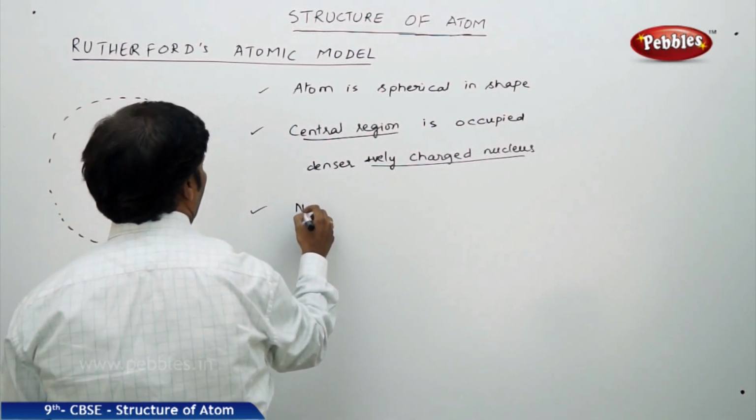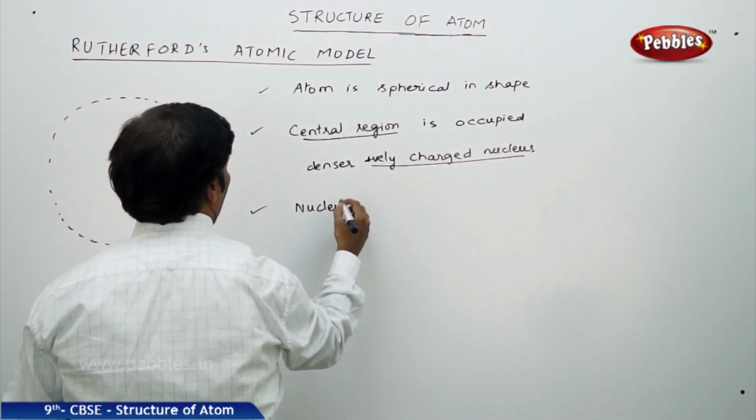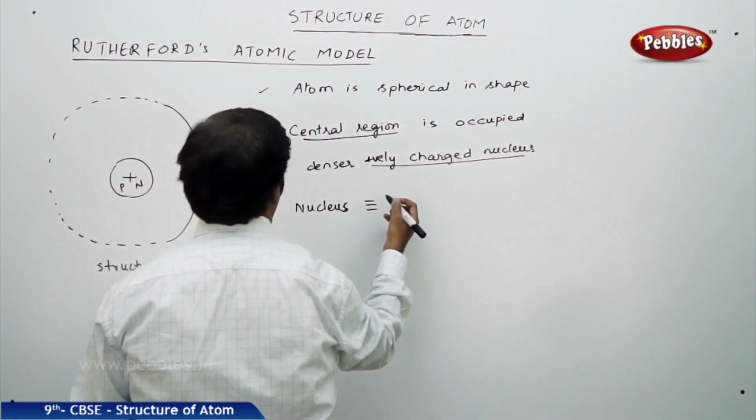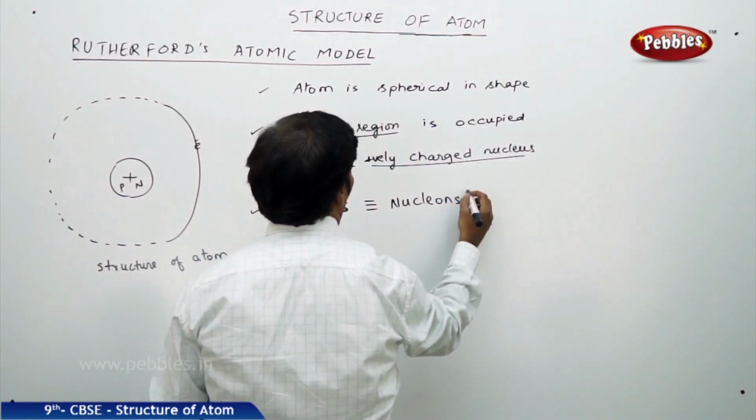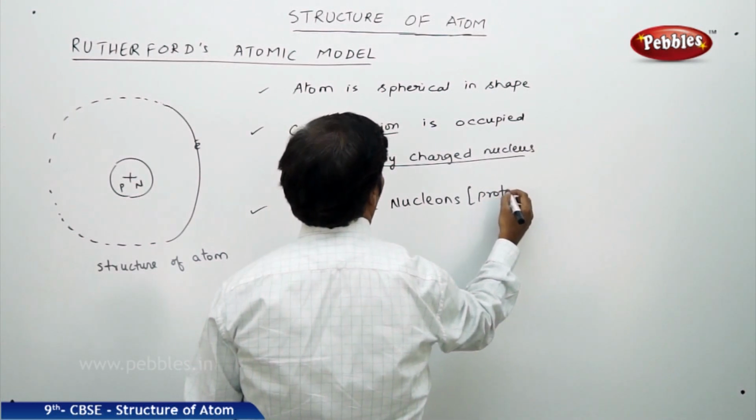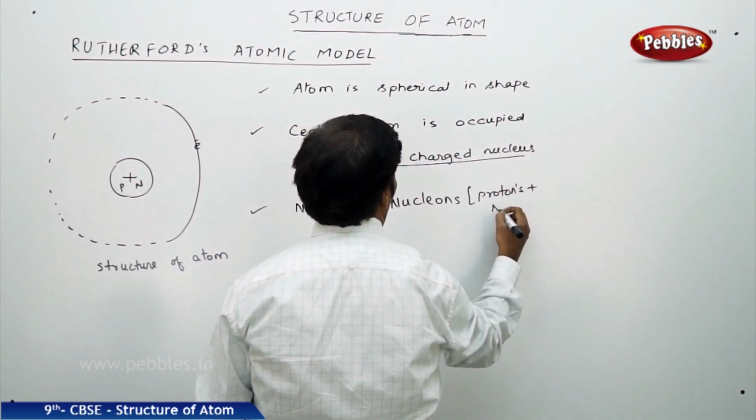The nucleus contains nucleons, and nucleons are made up of protons plus neutrons.